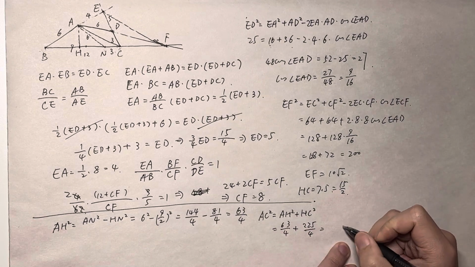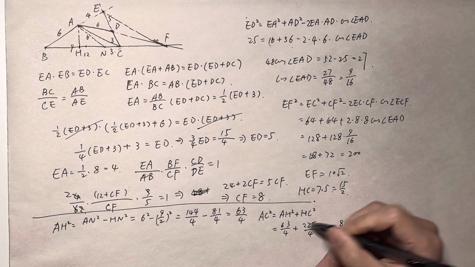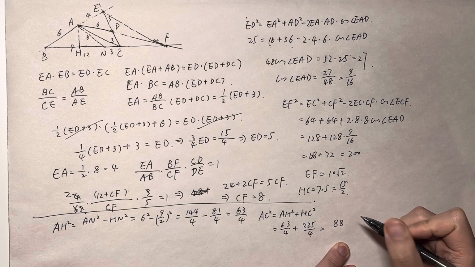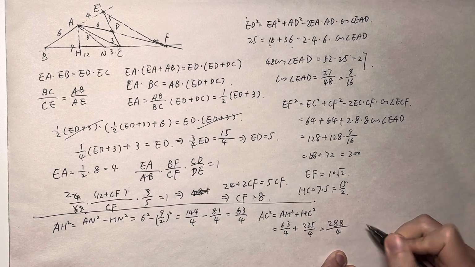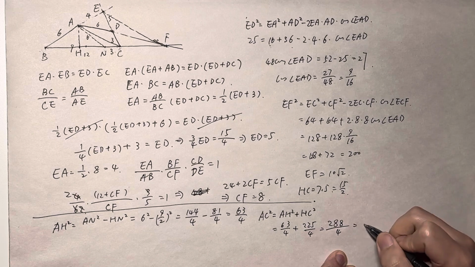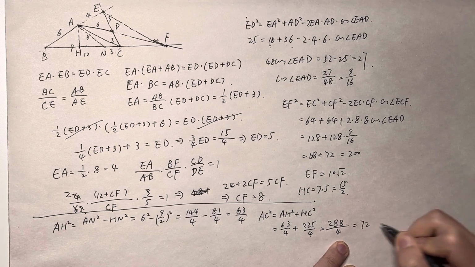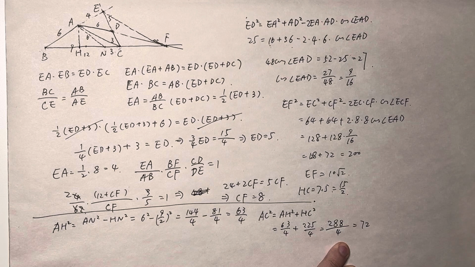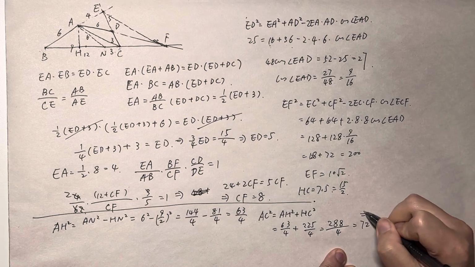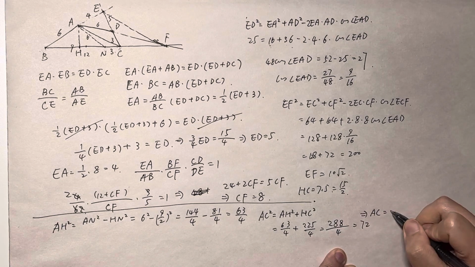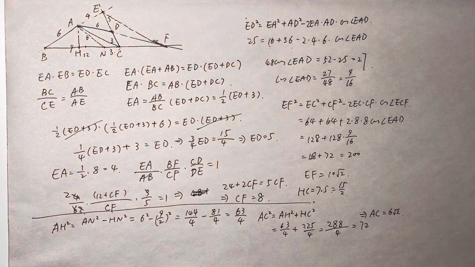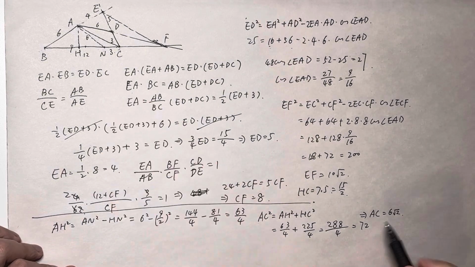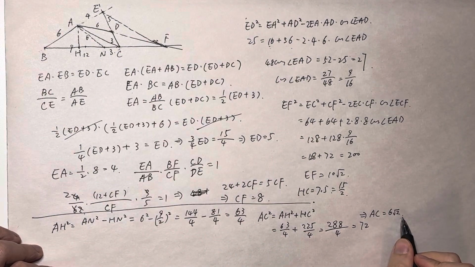So it equals 288 by 4, which is 72. That means AC equals 6 times square root 2. We calculated AC this way.